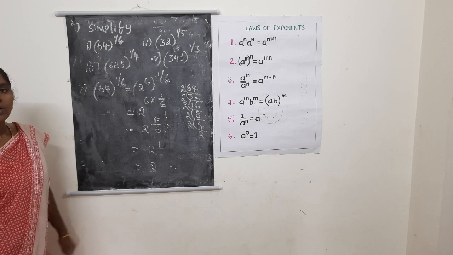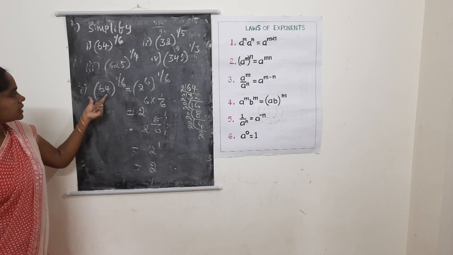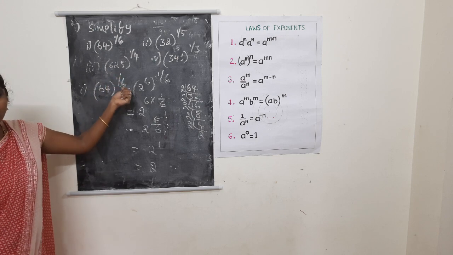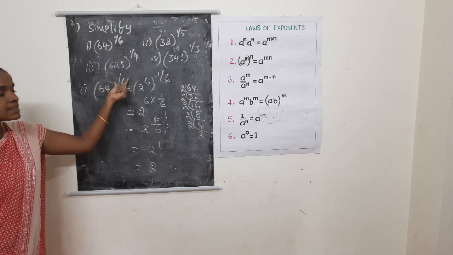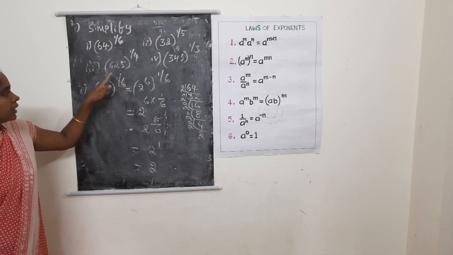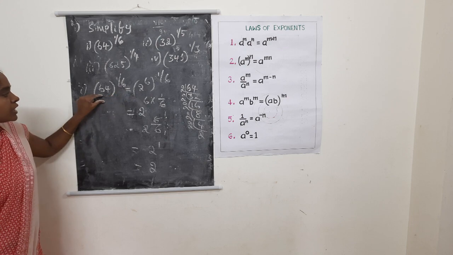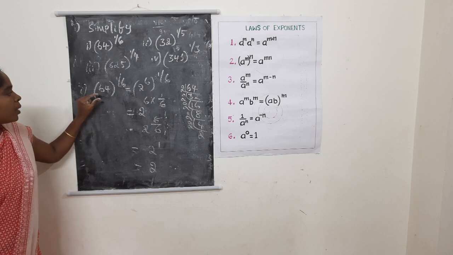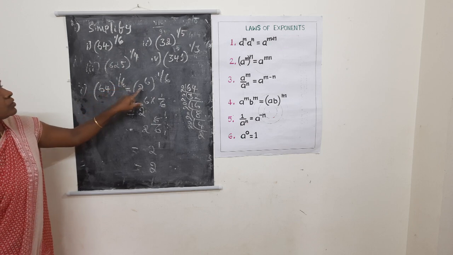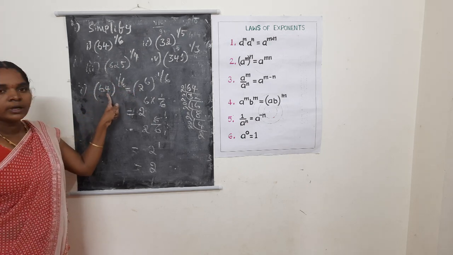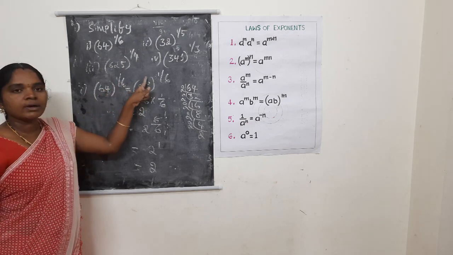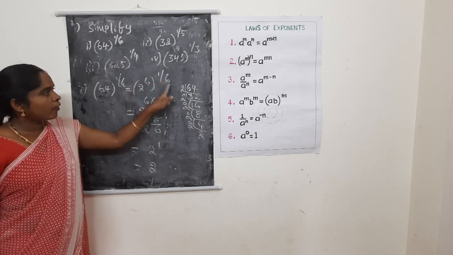This is the first problem: 64 whole to the power of 1 by 6. This is the base, this is the exponent. In the exponent, the denominator value is 6, so the base should be written in terms of power 6. So 64 can be written as (2 power 6) whole to the power of 1 by 6.